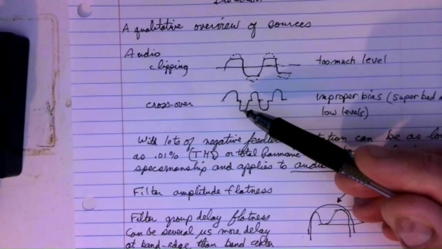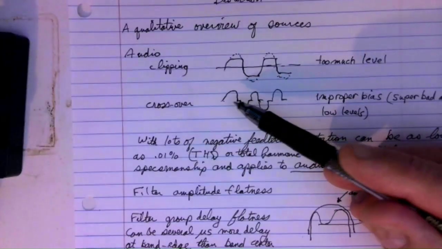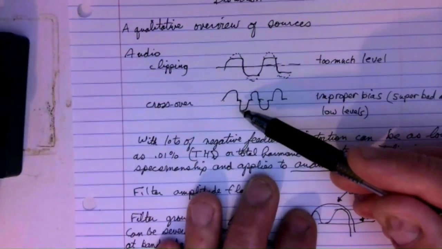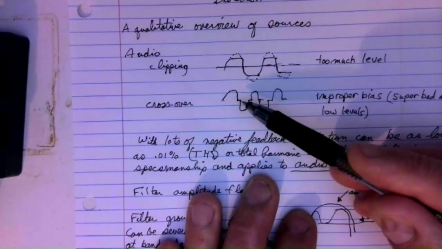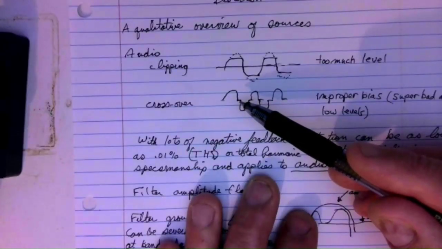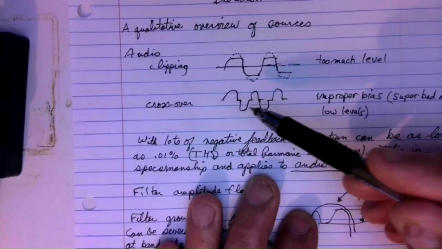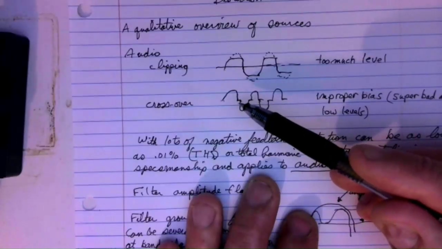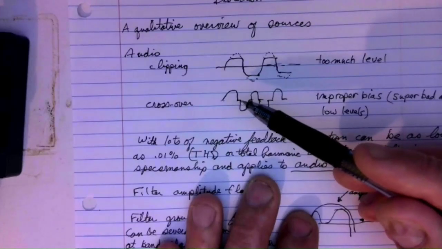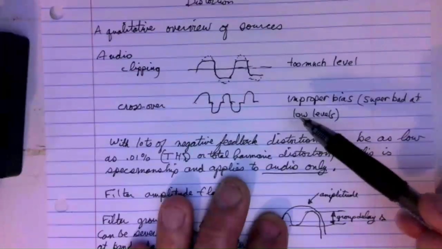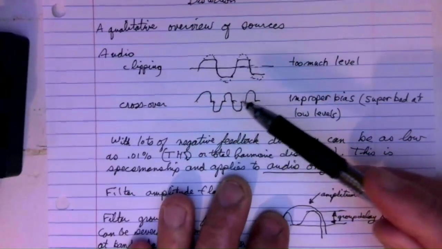Then for instance, your input would have to come up to 0.7 before you even turn on the NPN, and it has to drop down to minus 0.7 before you even turn on the PNP, and then you have that region right there where it's zero. And so if your audio inputs are low enough, you'll get no output at all. If your outputs are big, you don't notice it as much, but it can be super bad at low levels, and that's crossover distortion.